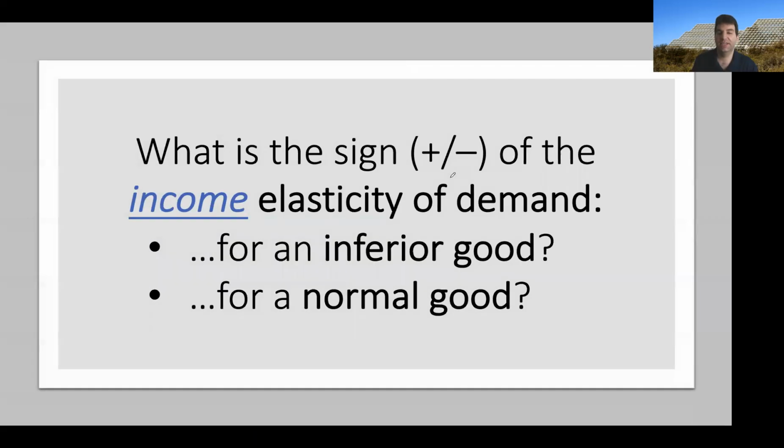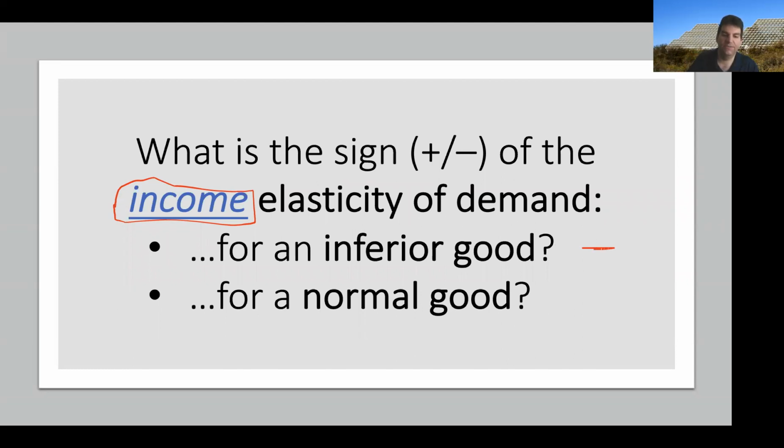All right, now I mentioned there are other types of demand. You can also have an income elasticity of demand instead of the price elasticity of demand. And you ask the same sorts of questions. You'd say, if your income changes by a certain fraction, then how does the quantity of a good change? So for an inferior good, we know that if your income goes up, the quantity goes down.